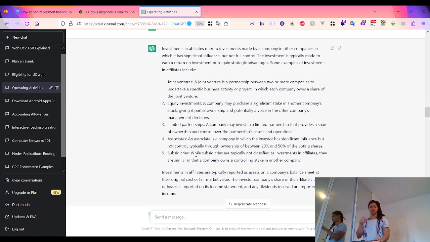These are companies that invest in another company to gain some influence but not full control, and they do that to earn a return on investment or to gain a strategic advantage. So you have joint ventures, equity investment, limited partnerships, associates, and subsidiaries.